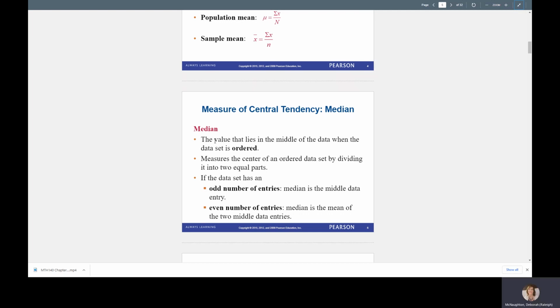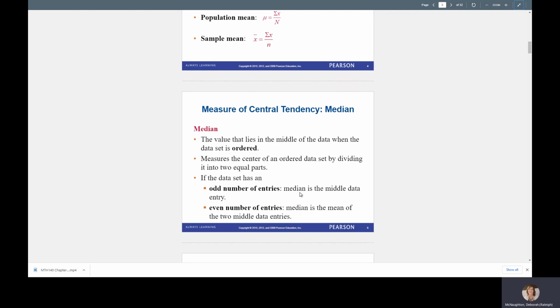What we do is we order the data set, and if we have an odd number of entries, the median will be the one right in the middle. For example, if we have 13 values in our data set, the median would be the 7th value, because when we look at the 7th value, there are 6 values below it and 6 values above it.